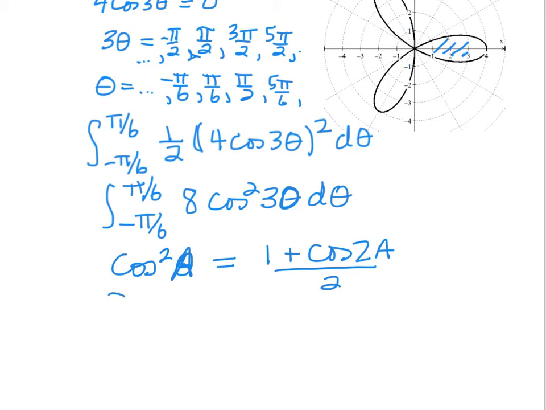Or in this case, cosine squared 3 theta equals 1 plus cosine of 2 times 3 theta, which is 6 theta, over 2.